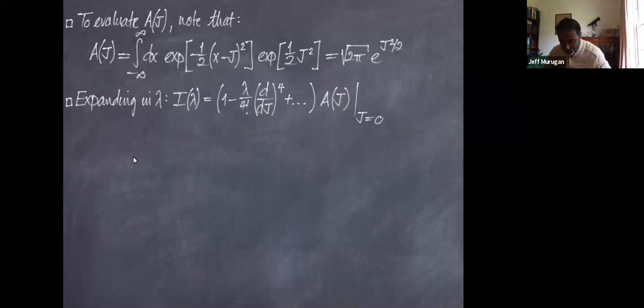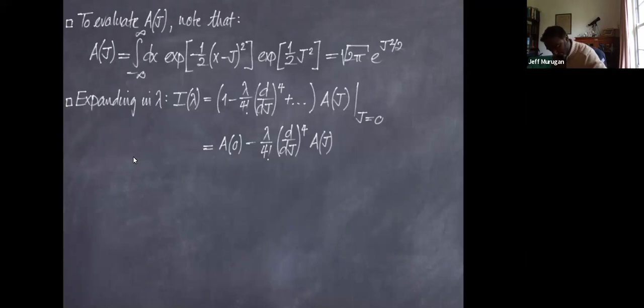So let's act with each term. The first term is A of J evaluated at J equals 0, minus lambda over 4 factorial, 4 derivative operators acting on A of J evaluated at J equals 0, plus terms that are going to be at least order lambda squared.